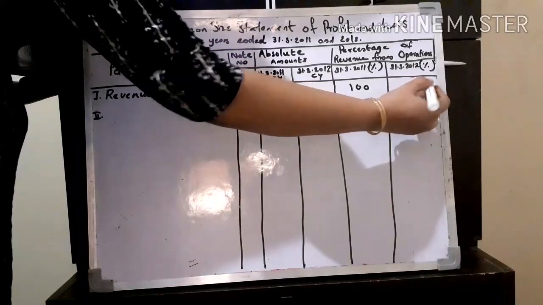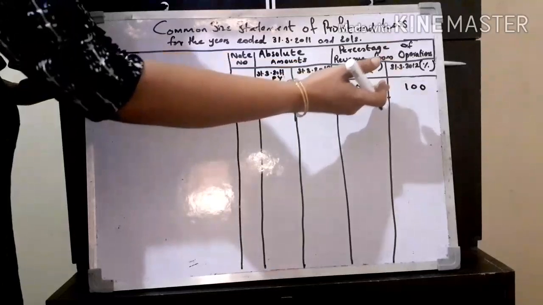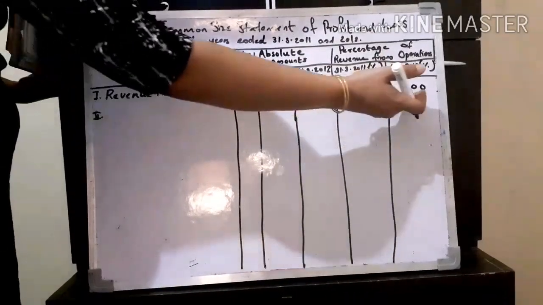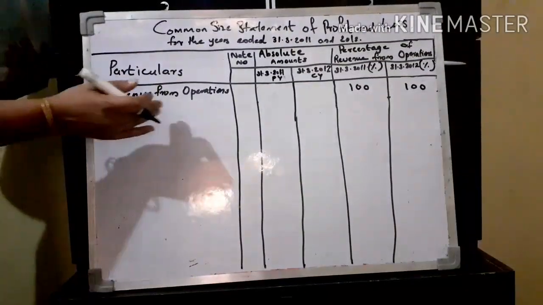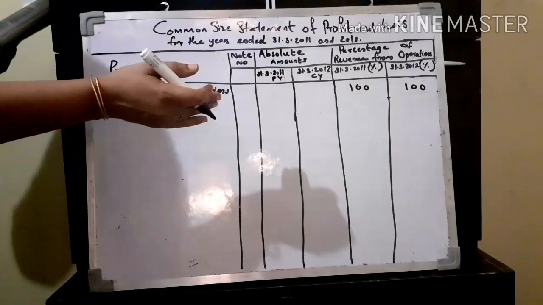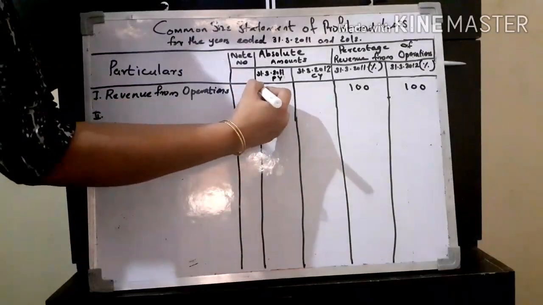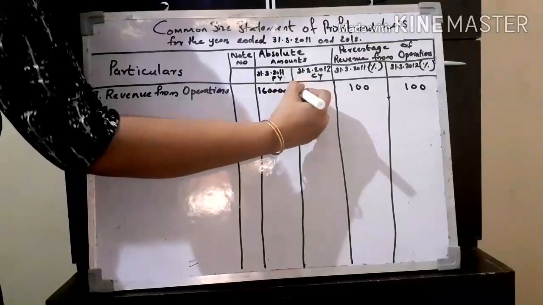So first you write revenue from operations and in the percentage of revenue from operations column, current year and previous year, the base is 100. First step is this one. Then revenue from operations, the amounts given in the question, that is 16 lakhs and 20 lakhs.